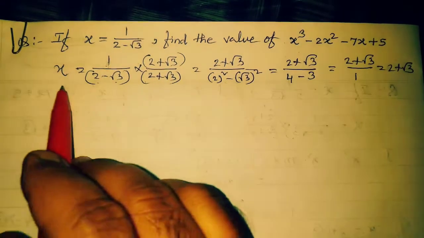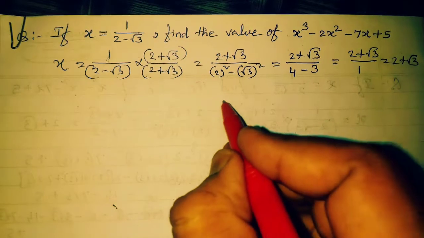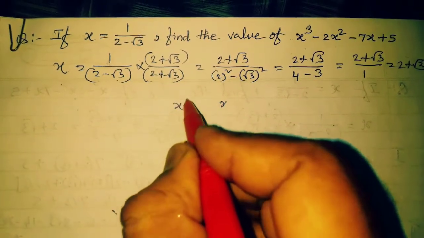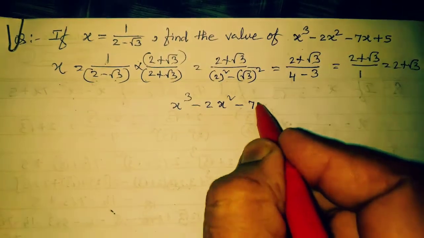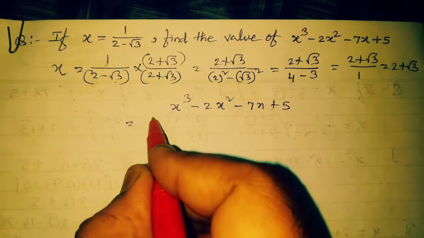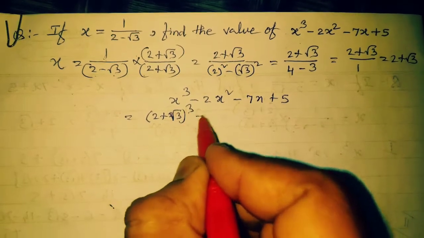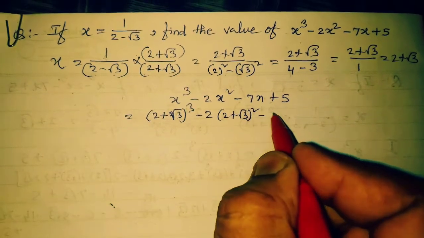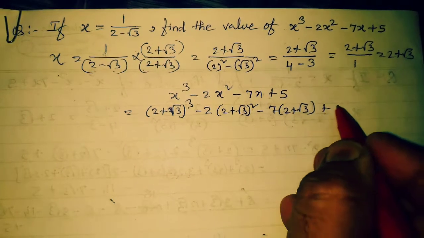See, students, after getting the value of x, we'll put this value in this expression. If we put the value directly, we'll get x cube minus 2x square minus 7x plus 5. The value of x is 2 plus root 3. So (2 plus root 3) whole cube minus 2 into (2 plus root 3) whole square, minus 7 into (2 plus root 3), plus 5.